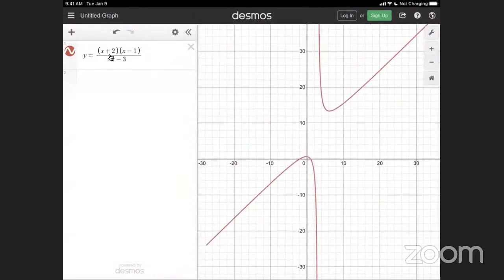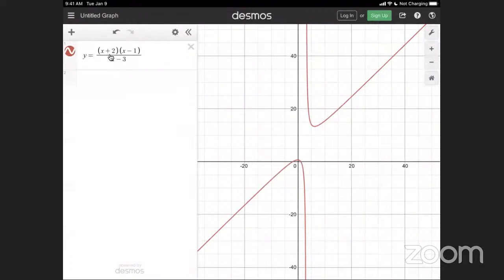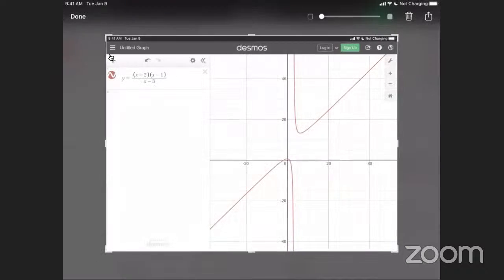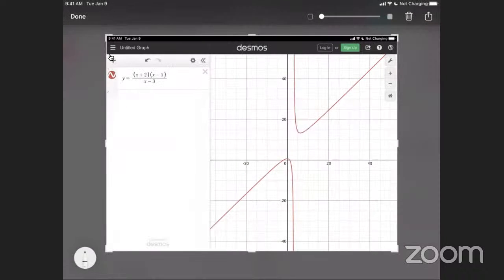Do you see the slant? You don't see the slant asymptote, but do you understand? Yeah, I do. So you can see your slant asymptote is right here. And here's your vertical asymptote right there. And that's the graph that we were just talking about.